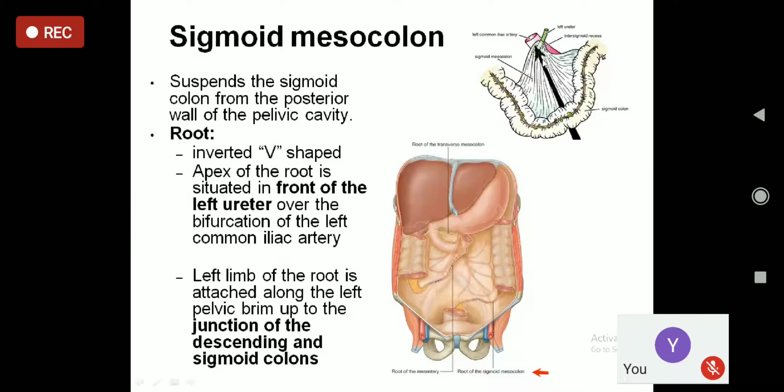The apex of the V, the root of the sigmoid mesocolon, is situated over the bifurcation of the left common iliac artery here. And the left limb of the root is attached along the left pelvic rim up to the junction of the descending and the sigmoid colon. The junction is here. So this is the left limb and this one is the right limb of the sigmoid mesocolon.